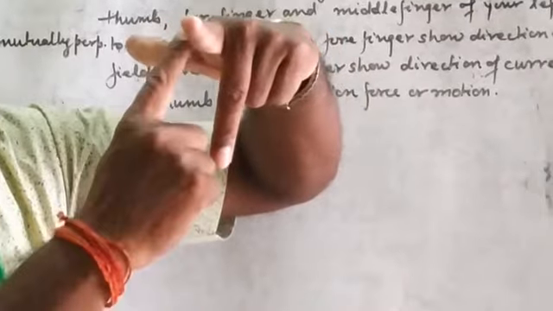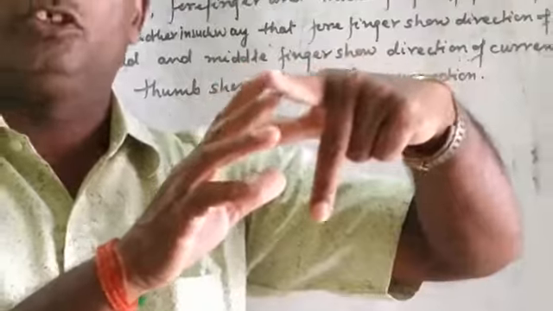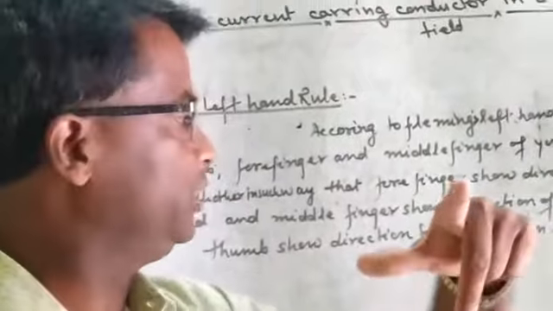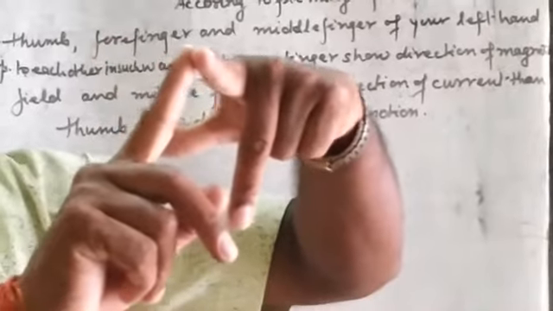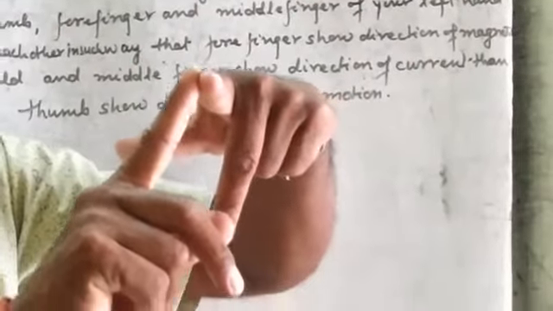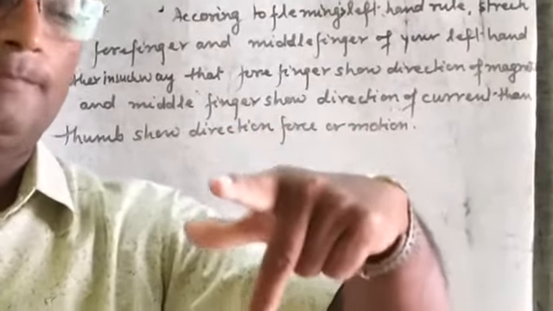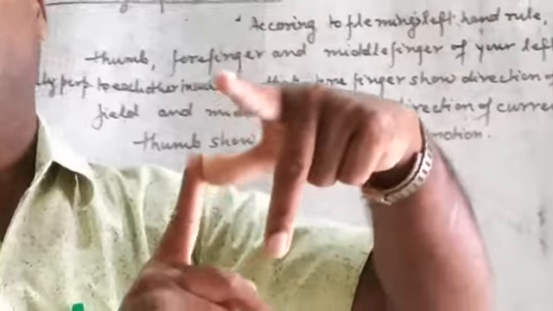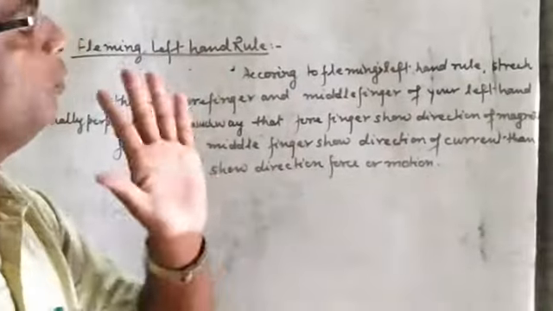Here also, 90 degrees. So all three fingers are mutually perpendicular to each other. Now, if the forefinger shows the direction of magnetic field, the middle finger shows the direction of current, then the thumb shows the direction of force or motion.